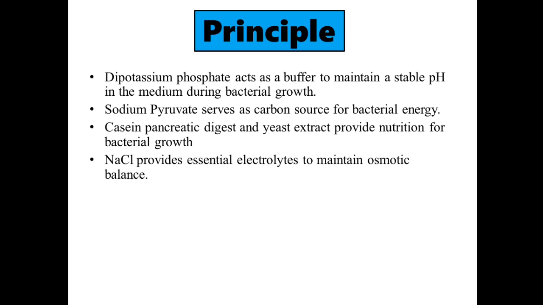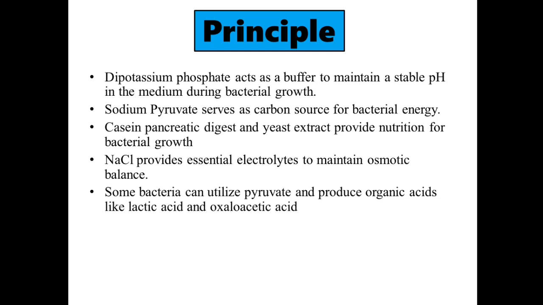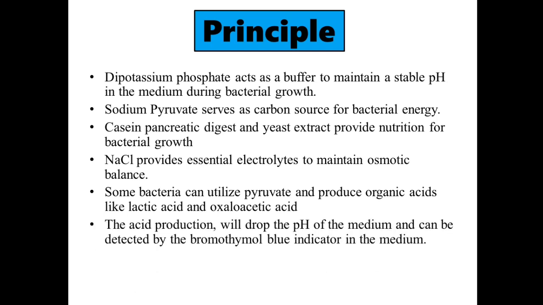Next, remember, when the bacteria utilize the pyruvate, organic acids like lactic acid and oxaloacetic acid are produced as a byproduct. When they are produced, they drop the pH of the medium.